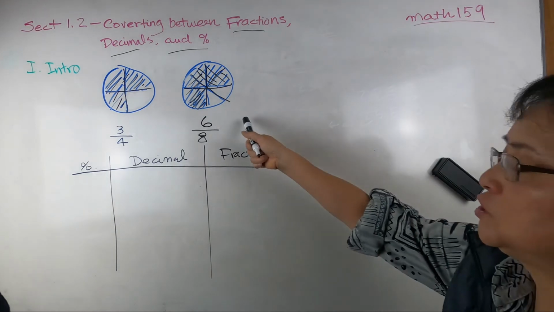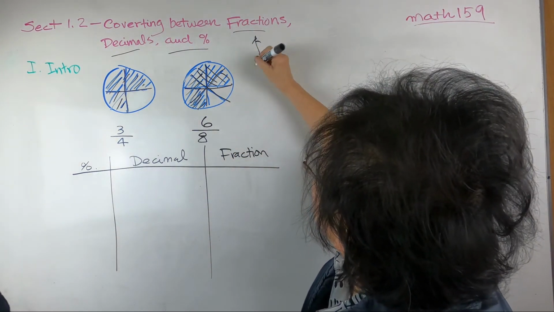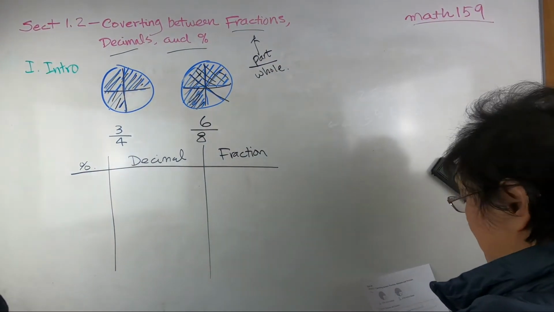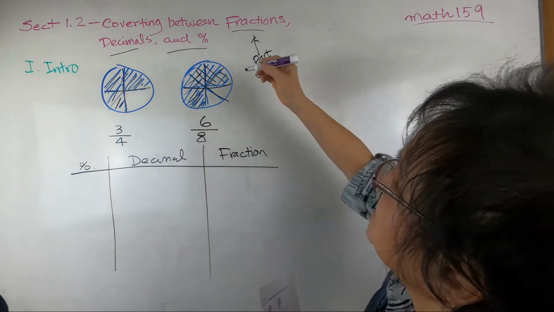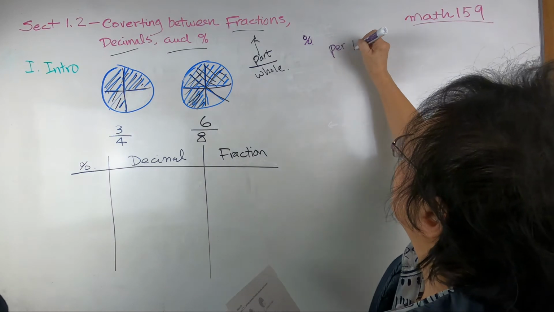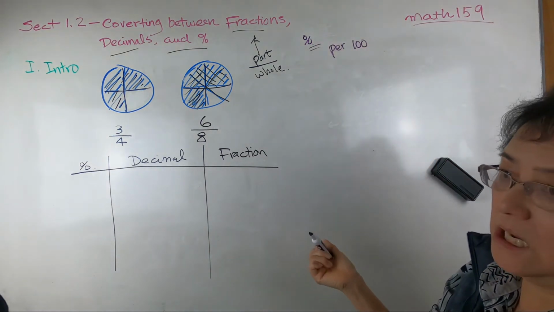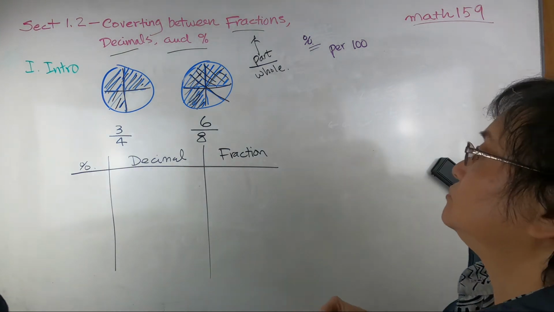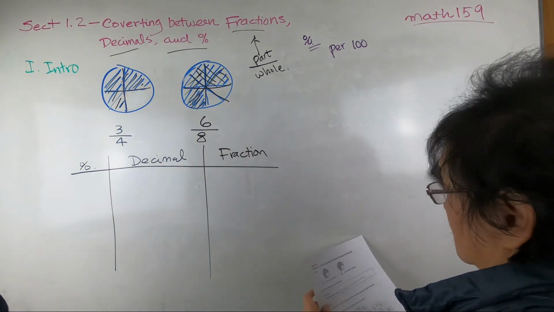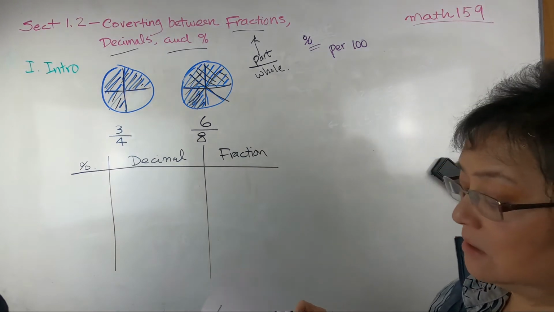So a fraction means a part of a whole, right? Then what is a percent? Percent means per 100, okay? 1 out of 100 means 1%. 2 out of 100 means what? 2%. So that's a percentage, and you know the decimals.